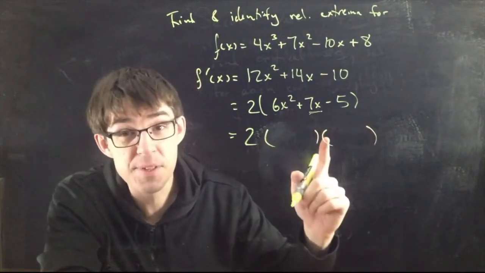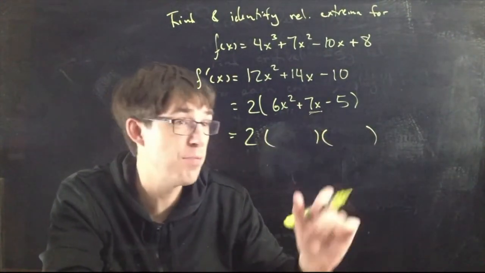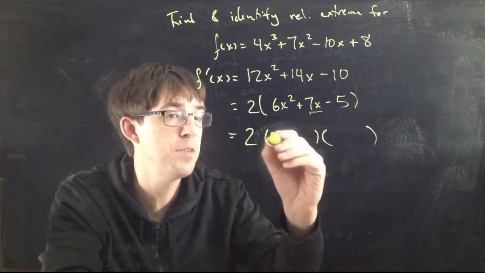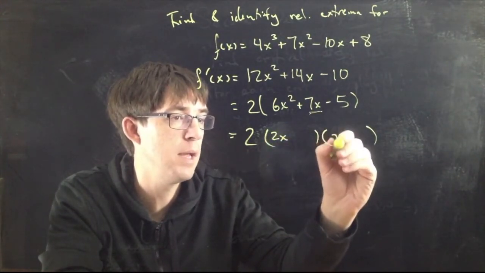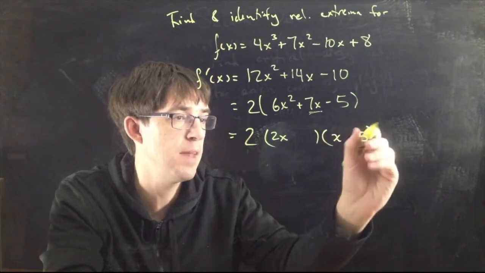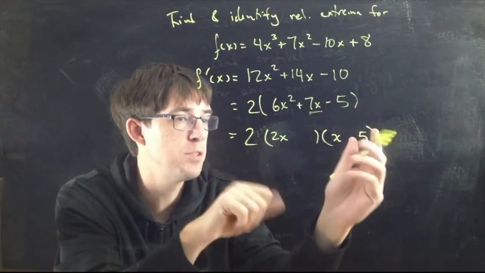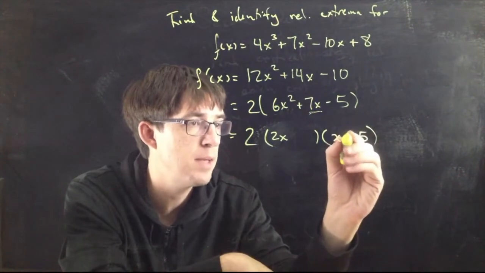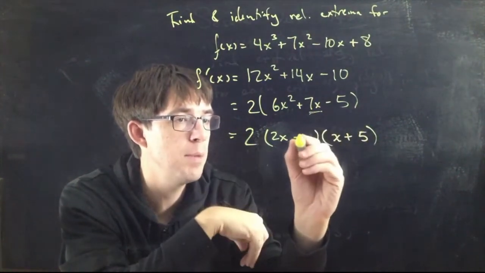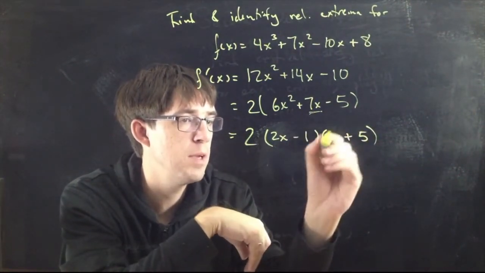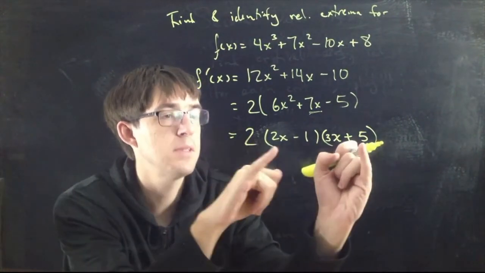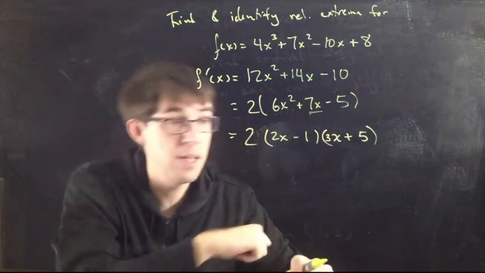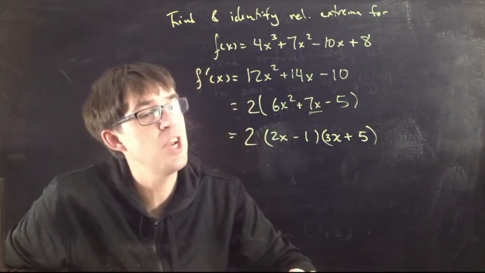I want it to add up to 7, so I got to make a 10 and a 3. 10 being 5 times 2, so this is going to be a 2x here, and then an x here, and a 5, like that. Here I'm going to do 5 times 2, which is 10, and I want that to be positive. And then the other one is going to be minus 1 and a 3 here, right? Minus 3x plus 10x is 7x. All right, I guessed it and I checked it.